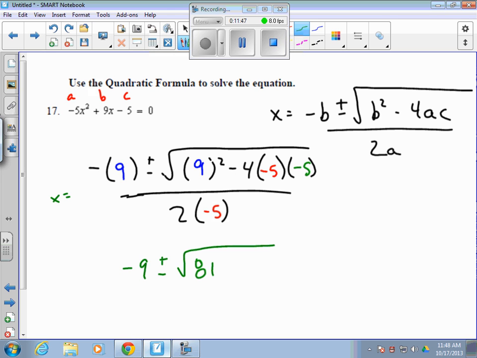Negative 4 times negative 5 is positive 20. That times negative 5 is negative 100. And all of that is going to be over negative 10. So x equals all of that there.